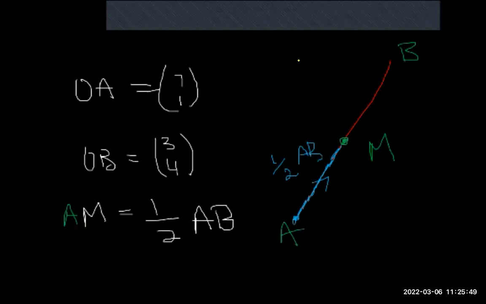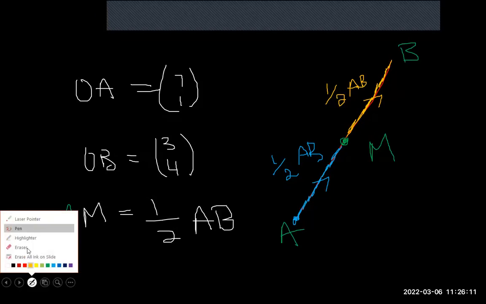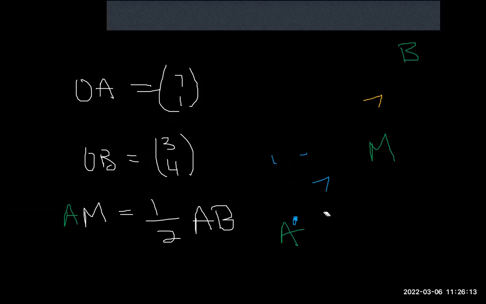Same thing from M to B. This orange part, compared to the entire line, is a half of the line. So a half of AB. So that's why it's always good to sketch, right? I just wanted to show you that.